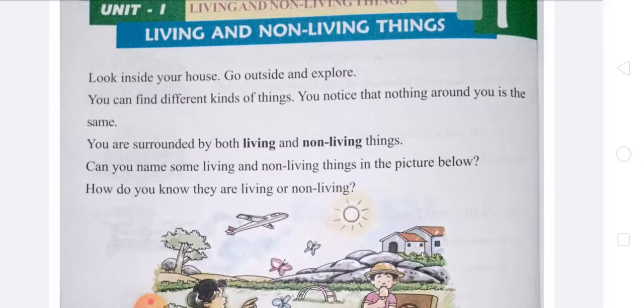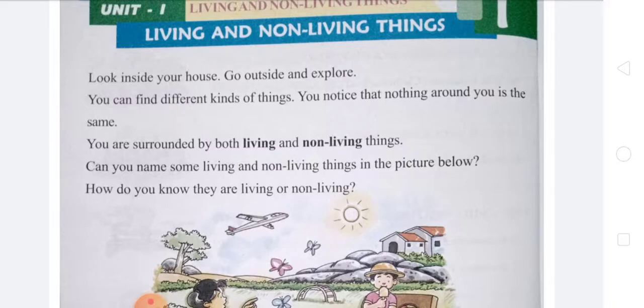You can find different kinds of things, and you notice nothing around is the same. You are surrounded by some things that are living and some that are non-living.